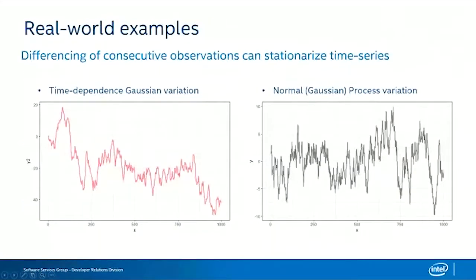Here's an example. I actually just created this graph on my own, but it's indicative of a time-dependent Gaussian variation. There's some normal parameter that's creating this, but there's also a time dependence of the mean, right? So here you have a mean that's flowing down, and on the right-hand side, you have a corrected version of this. In a real-life example, you can think of this as the Dow Jones Industrial Average.